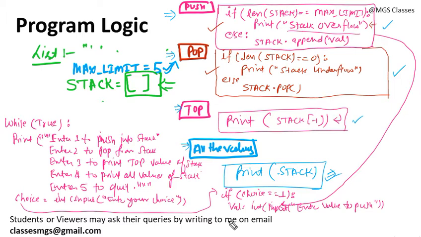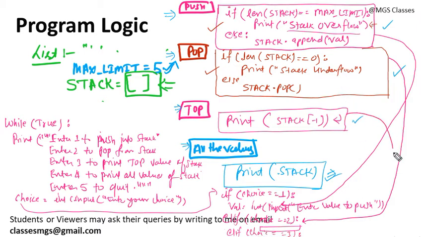Okay, and elif choice equals 2, then we are going to write this much code here in this condition directly. Elif, again this much code we write here. Elif choice equals 3, we write this code here directly.